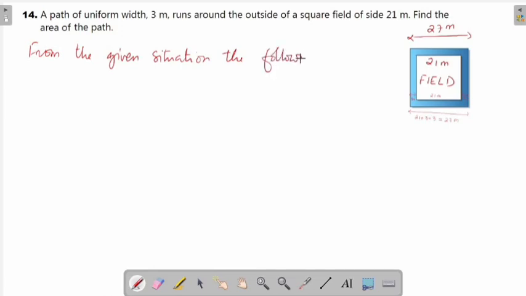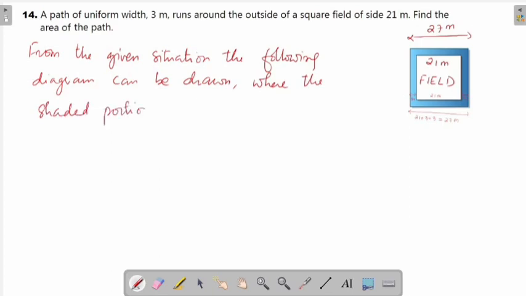the following diagram can be drawn, where the shaded portion represents what?